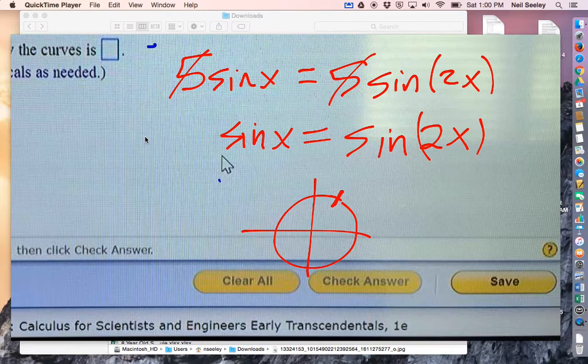I know that sine is the y-coordinate on the unit circle, the height. And so if I'm looking for two places, I need an angle where if I double the angle, I get the same height value as the angle itself. The first example that comes to mind is pi over 3, because pi over 3 is 60 degrees, it's that angle right there.